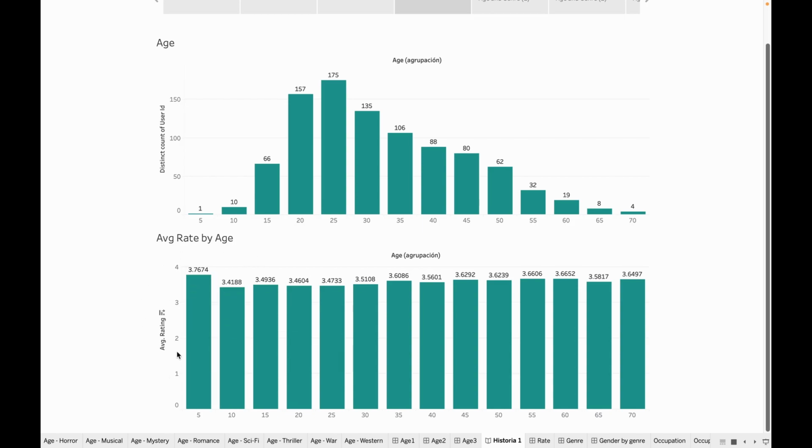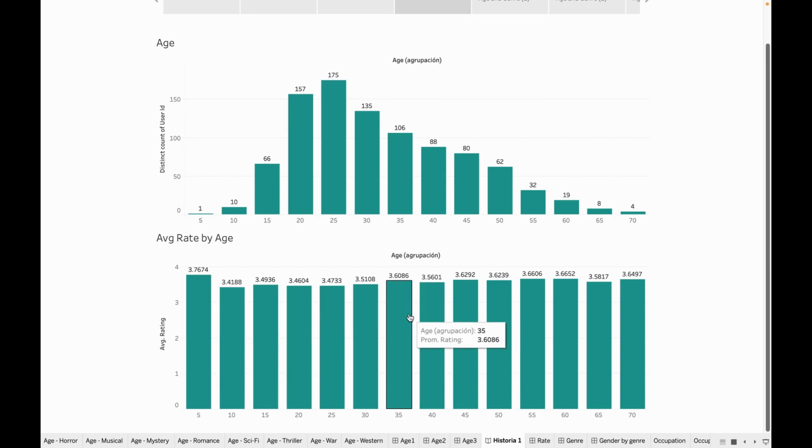And this other plot represents the average rate being made. Here this is the highest one, but as it's made from just one person, maybe it's not that representative.